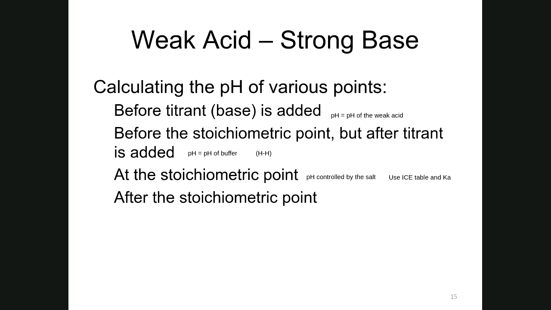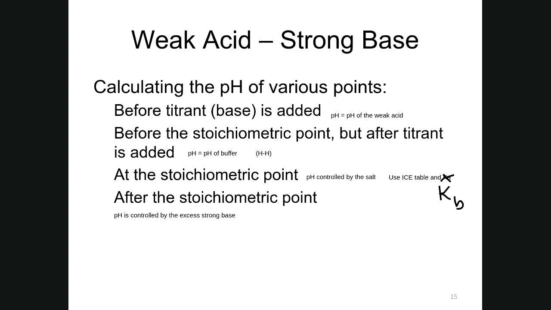And then after the stoichiometric point, this is the part that I was just talking about. I was getting a little confused. The pH is controlled by the excess strong base. And I wrote the wrong thing here. Instead of the ice table with Ka, you want to use the ice table plus Kb. That's my bad. I'm just looking at the wrong slide.